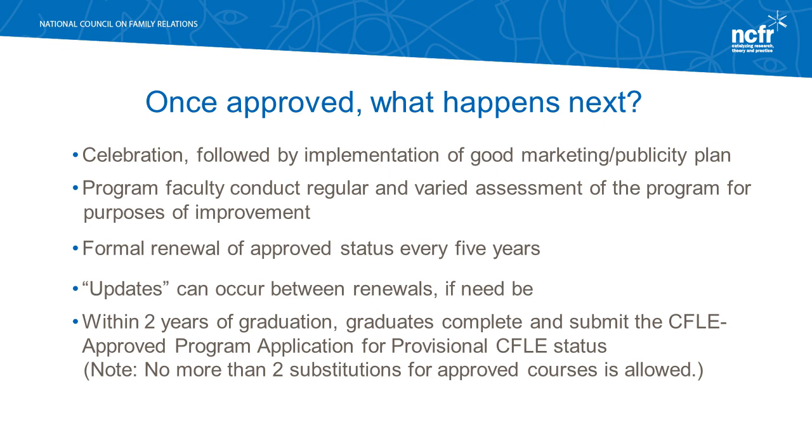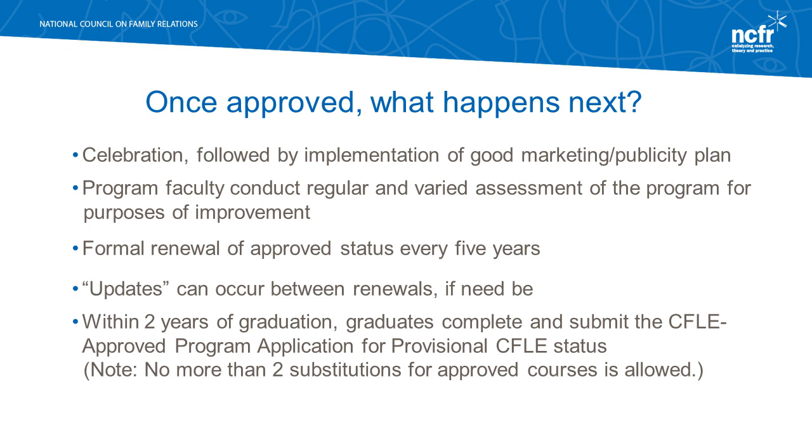And so then next, we hope that program faculty conduct regular and varied assessment of the program for purposes of improvement. Formal renewal of the approved status happens every 5 years, and so as faculty begin to gather together the materials for a renewal, we're hoping they're looking back at the feedback that had been given at the time of the previous renewal, and that they are able to say that yes, all throughout these 5 years we've been attending to that constructive criticism that was given.